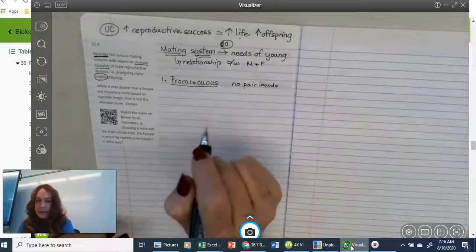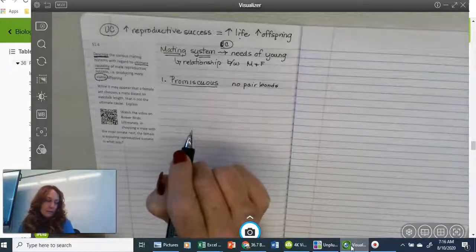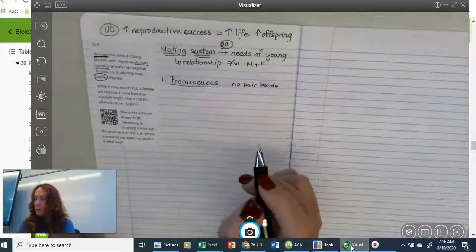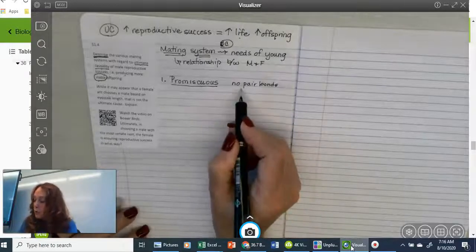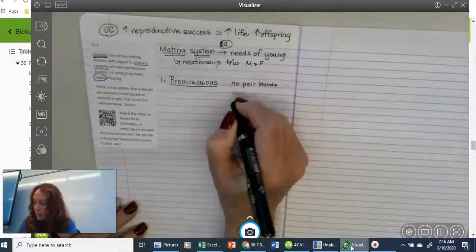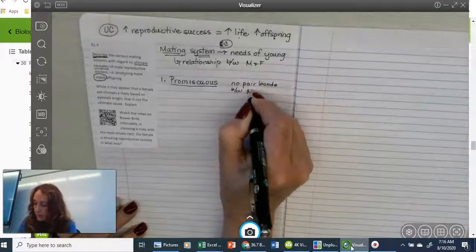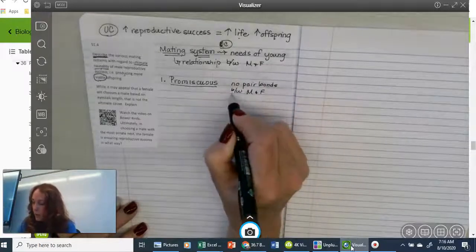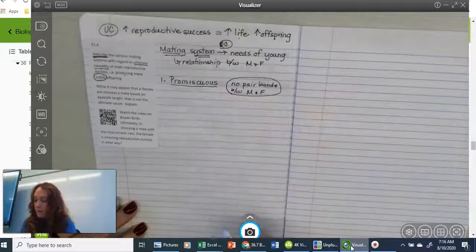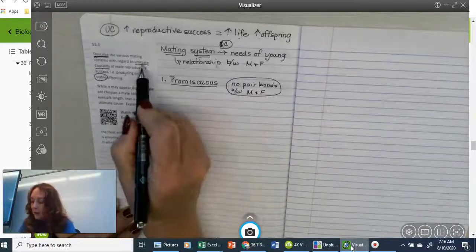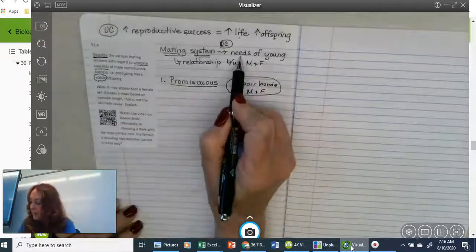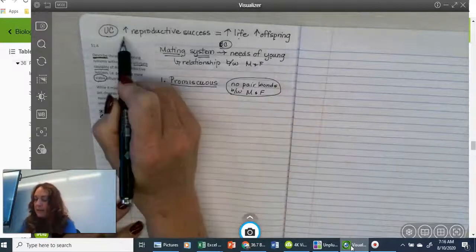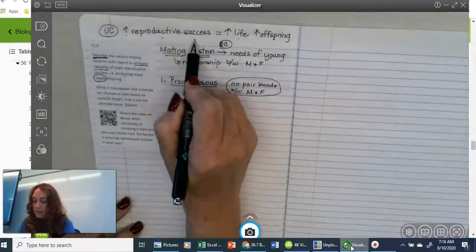It's just random mating events, and there's as many as possible that you have. So when there's no relationship between the male and the female, so no pair bonds, how is that ultimately going to meet the needs of the young and increase reproductive success?